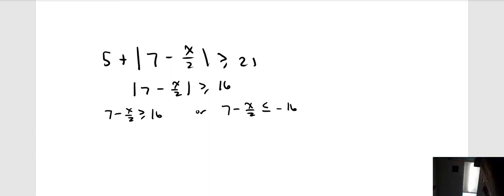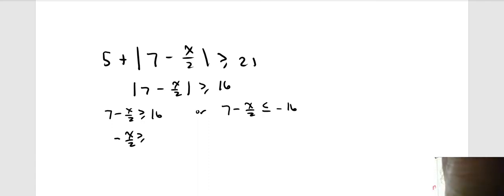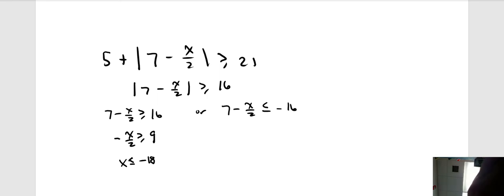Let's see. Going back to the first one, subtracting 7, minus x over 2 greater than or equal to 16 minus 7, which is 9. And then we're going to multiply by -2. So x less than or equal to minus 18. This one, we get the inequality flip because I multiplied by -2.